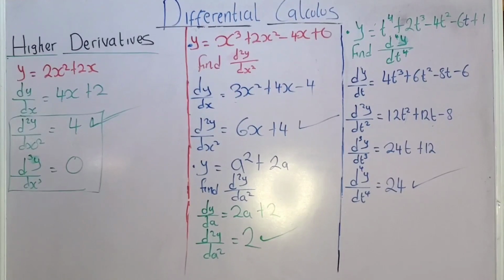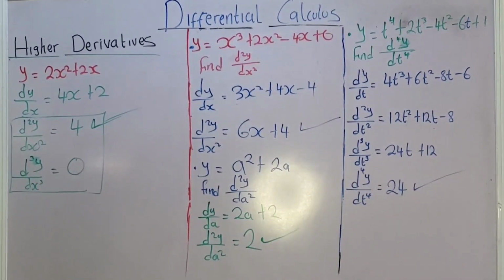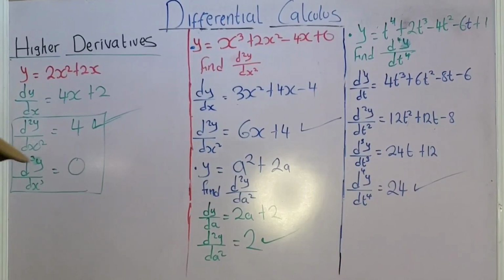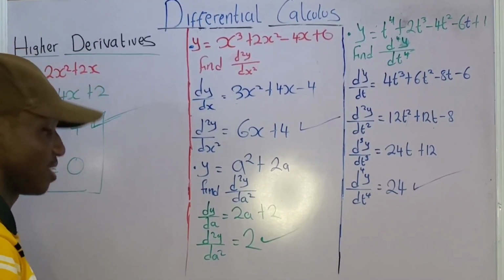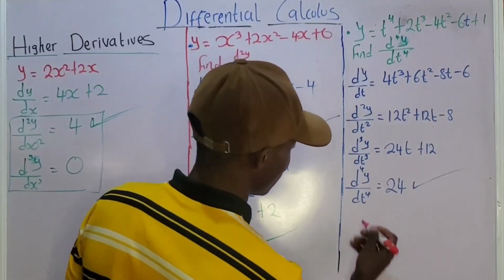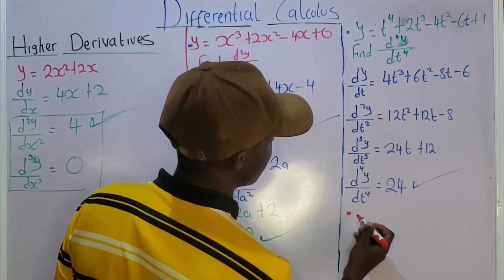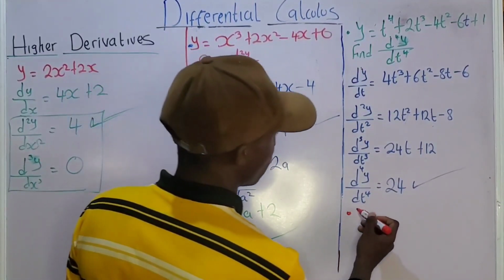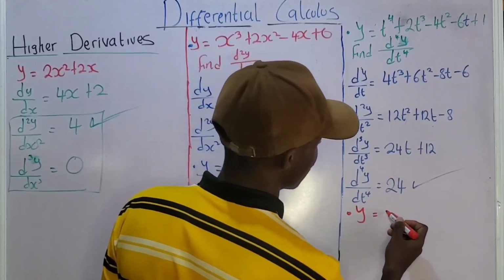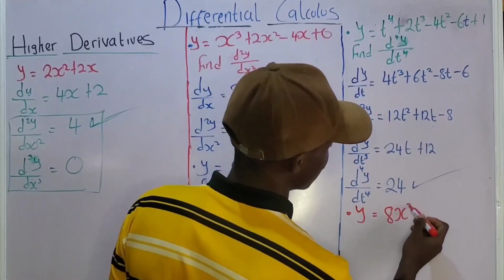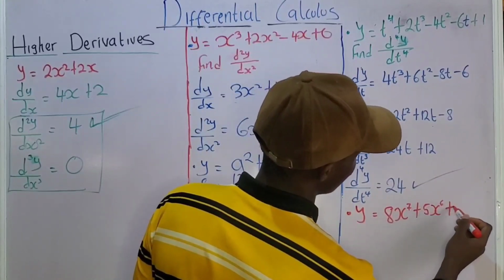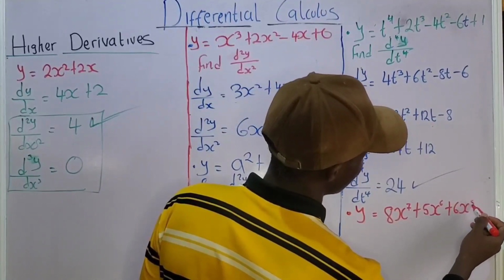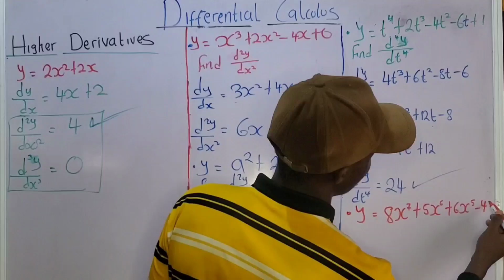So now let me give you just take this as a practice question. Okay, take it as a practice question. So let's say you are given y equals 8x raised to the power of 7 plus 5x raised to the power of 6 plus 6x raised to the power of 5 minus 4.